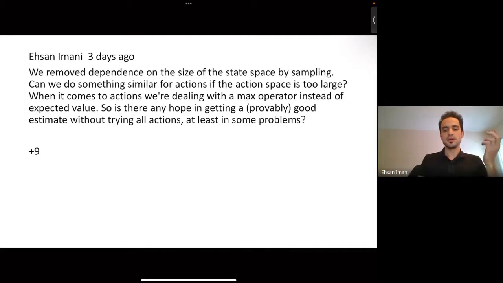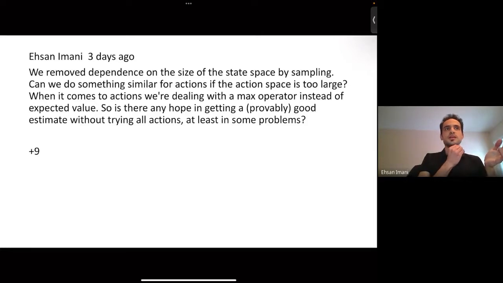I was thinking that the problem here is that we don't have an expected value, and we can't really say that our sample mean is representative of the expected value, because now we have a max operator over actions.